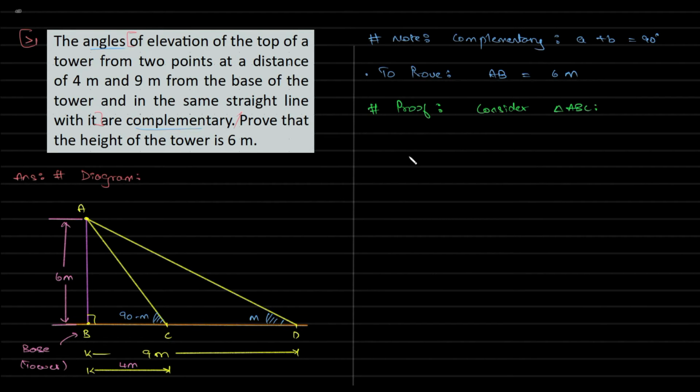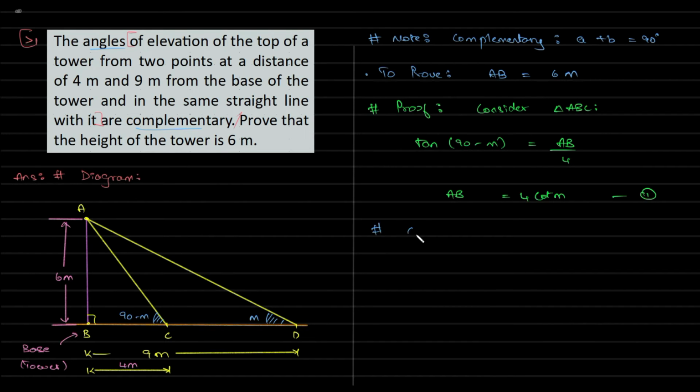So we begin with triangle ABC. We have tan of 90 minus M, whatever this angle is, I'm just writing that. Opposite is AB. Remember, we don't know AB. And adjacent is 4. So AB is equal to 4 into tan of 90 minus theta, which is cot of theta, so 4 cot M. We'll call this equation 1.